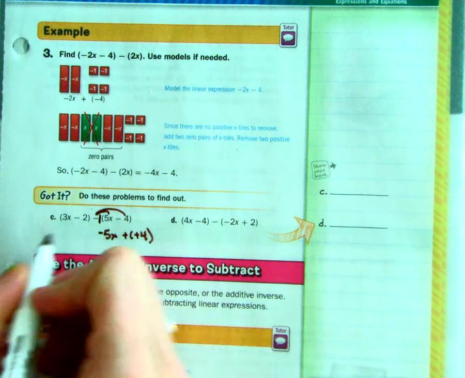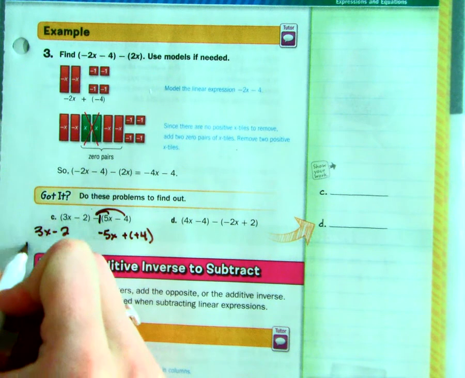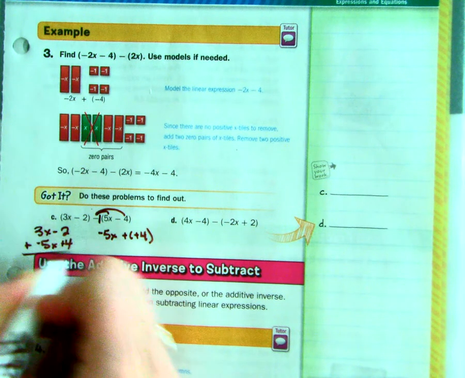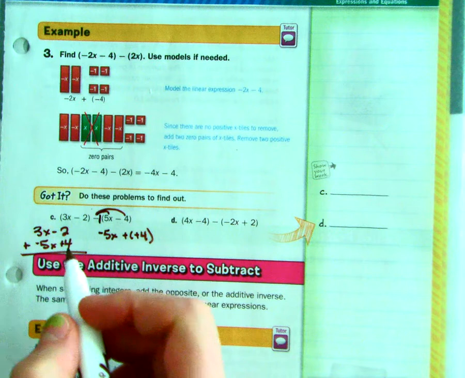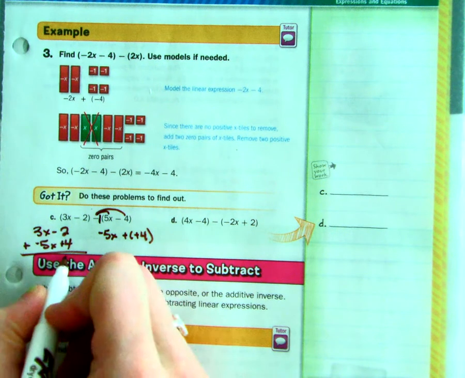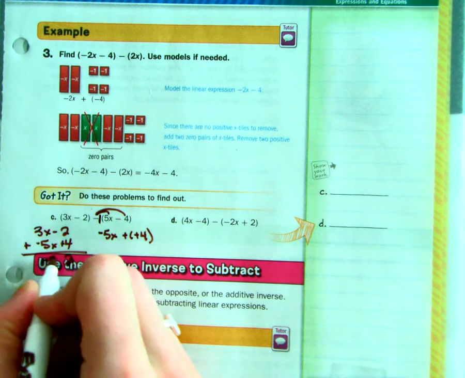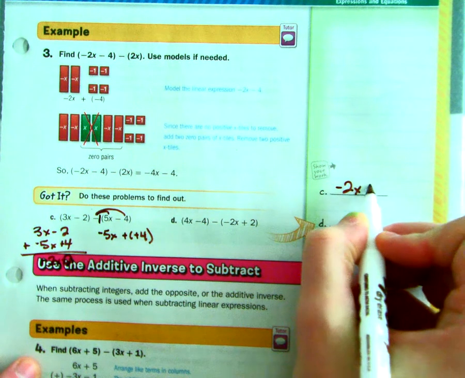So now I have 3x minus 2 plus negative 5x plus 4, and then I can go ahead and add them together. I have negative 2 plus positive 4, which is positive 2, and then 3x plus negative 5x, which is negative 2x, so I would get negative 2x plus 2.